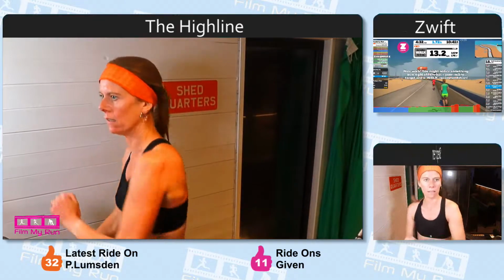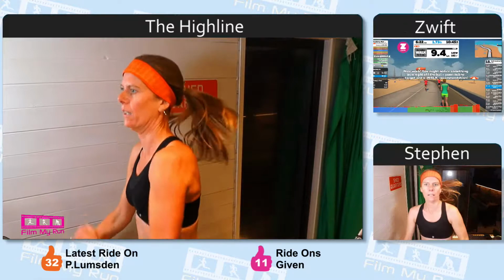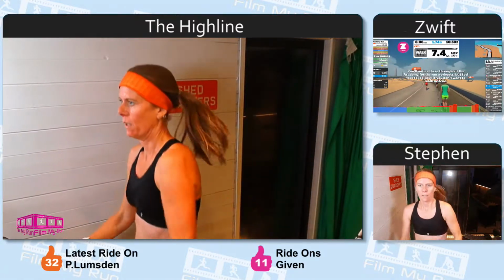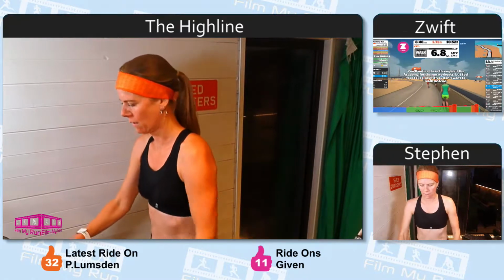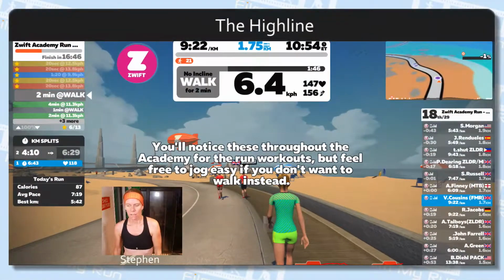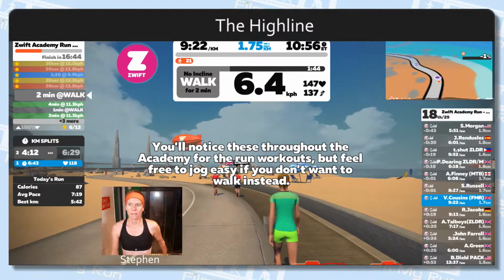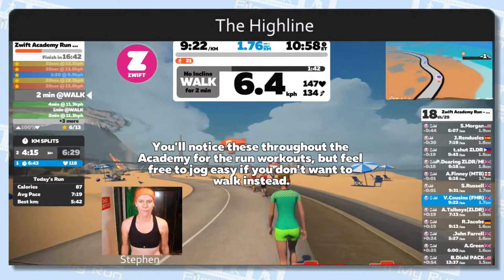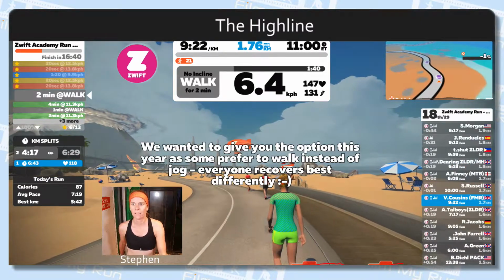And essentially, a fartlek is an interval. They're essentially the same thing. It's just that fartlek is the word that the Swedish use for playing with your speed when you run. So sometimes running fast, sometimes running slower.